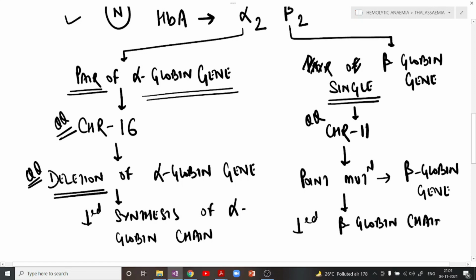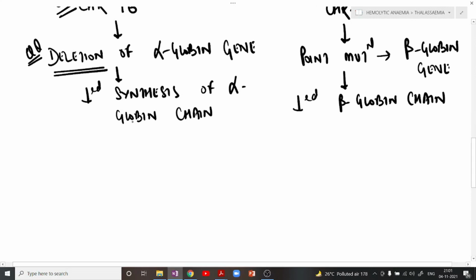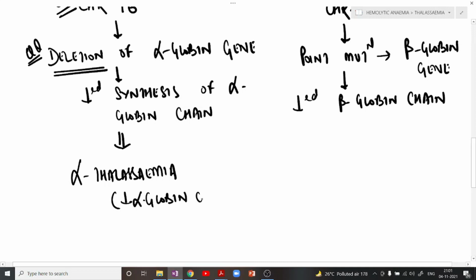So if an individual is suffering from deletion of the alpha globin gene, that individual is going to develop alpha thalassemia, where there is a decreased amount of alpha globin chain.